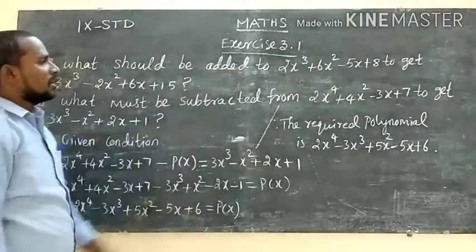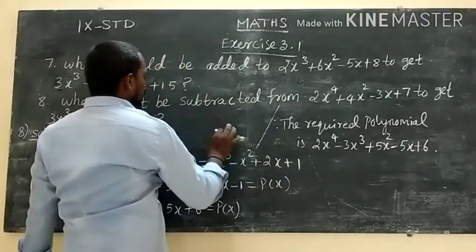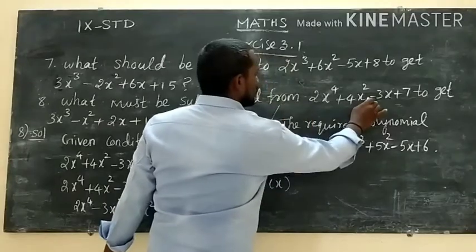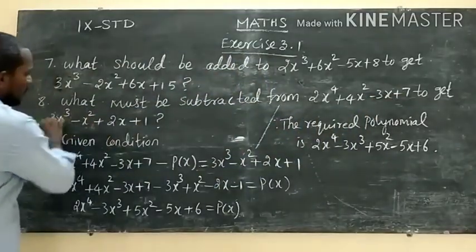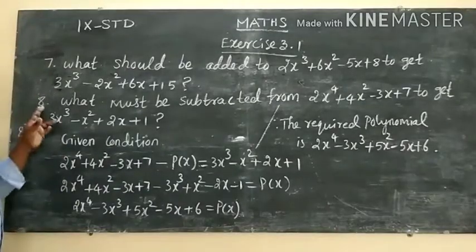This is the required polynomial. Subtract this polynomial from the given one, and we definitely get this answer. Okay, have you understood the 8th sum?